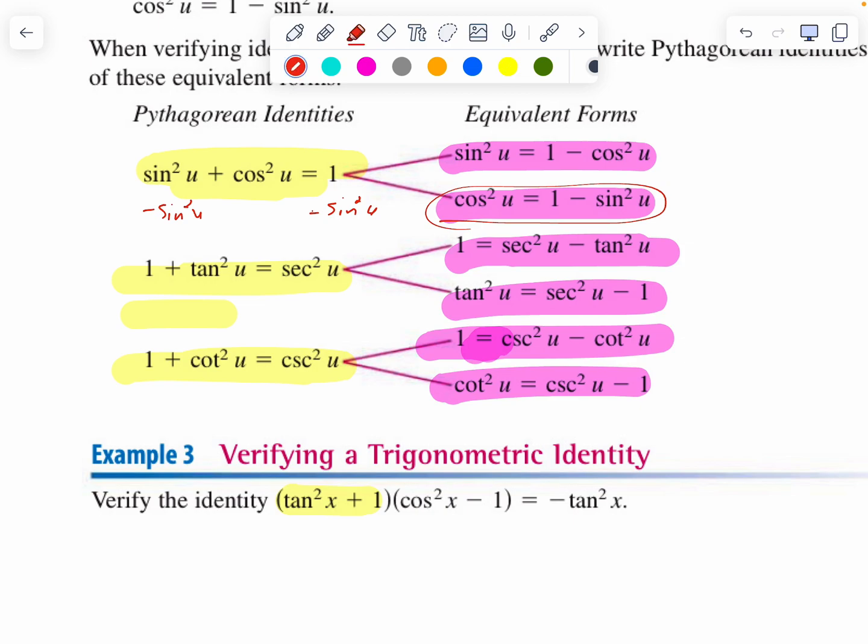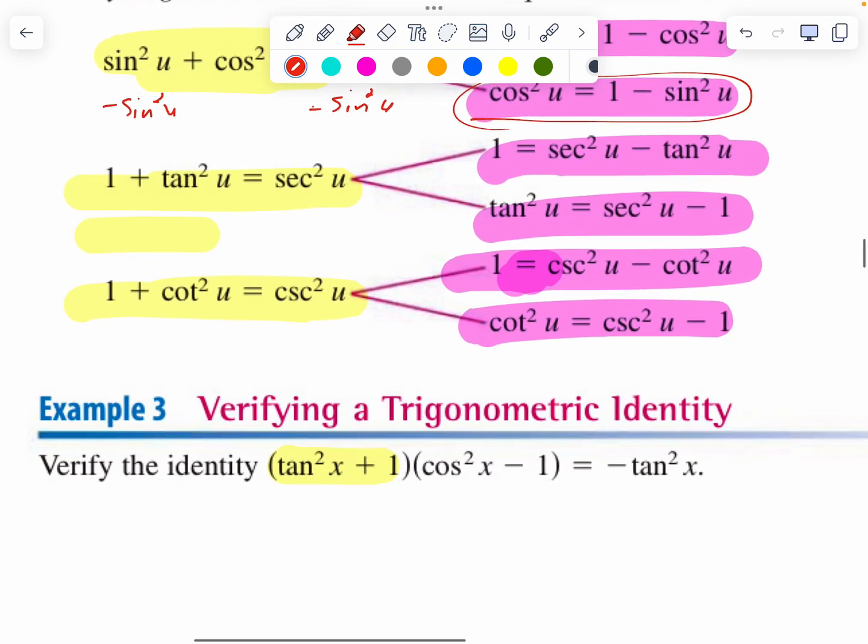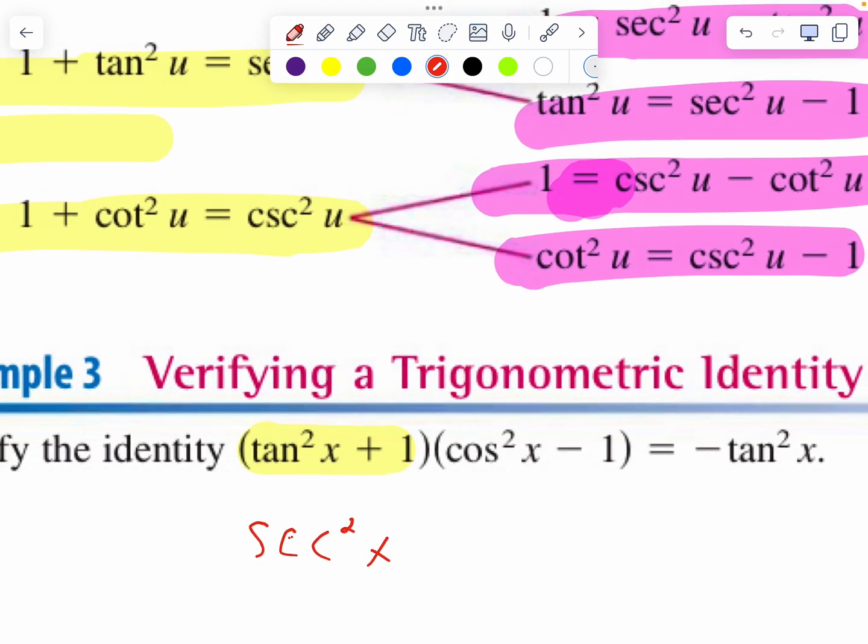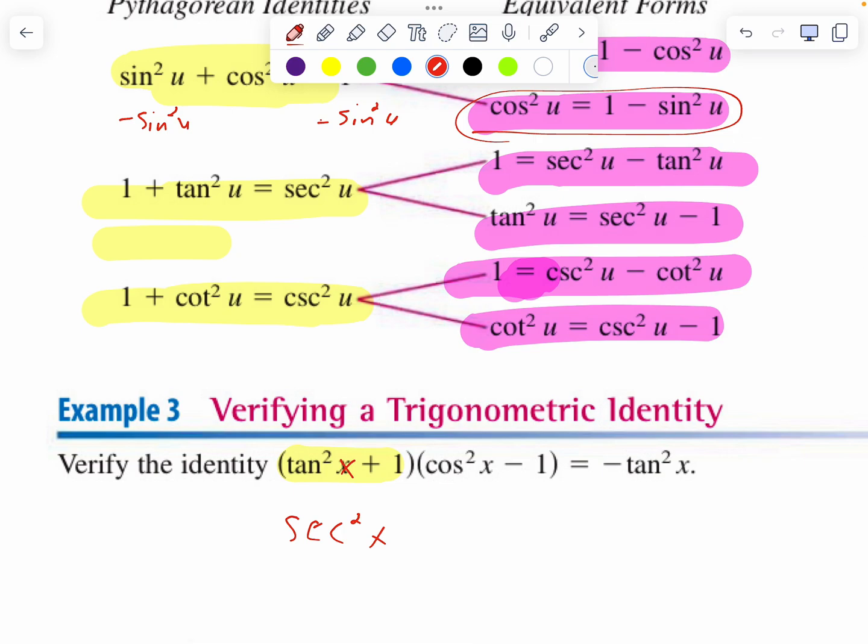So the yellow highlight becomes secant squared, and I'm going to change the u to x. We're using x. So since we're using the variable x, I'm going to change the u in the identity to x, because we're working with x. So yellow highlight becomes secant squared x.